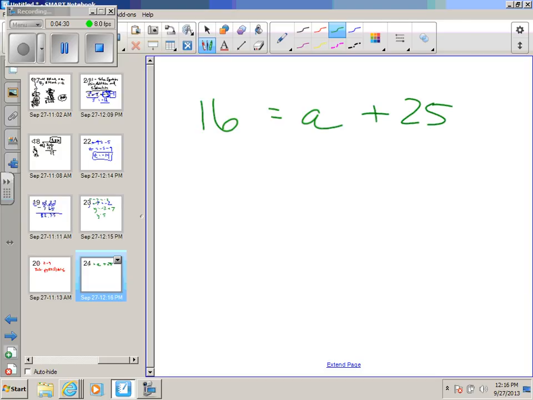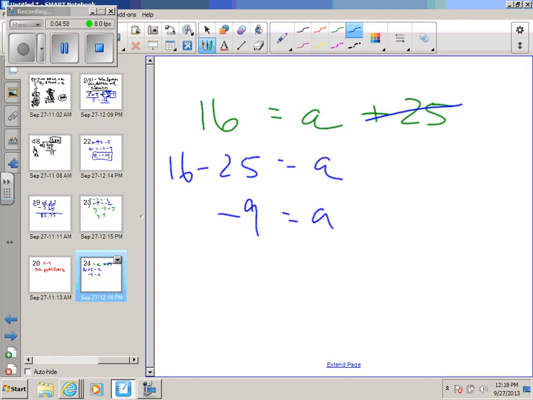Give it a shot. So the opposite of adding 25 is going to be subtracting. 16 minus 25, -9.